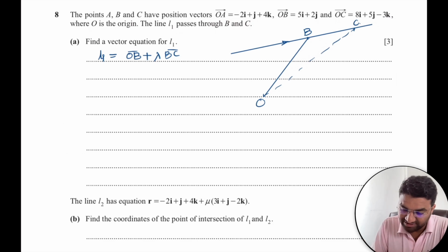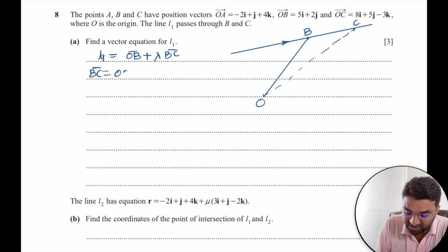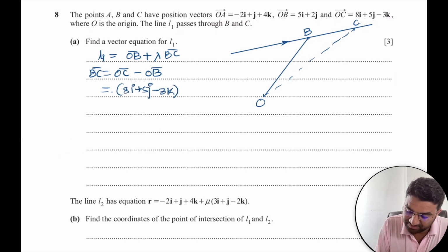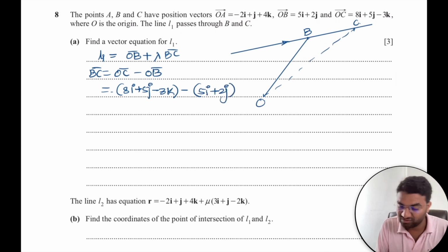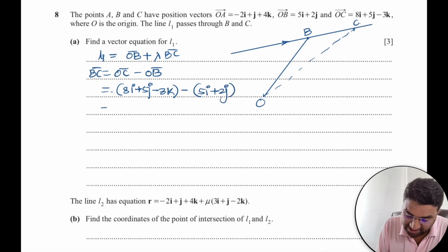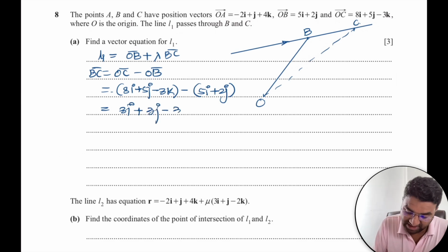Now we will first find the BC part. BC is equal to OC minus OB. This is the position vector concept. So OC is 8i plus 5j minus 3k, minus OB, which is 5i plus 2j. 8 minus 5 is 3i, plus 5 minus 2 is 3j, and minus 3k.